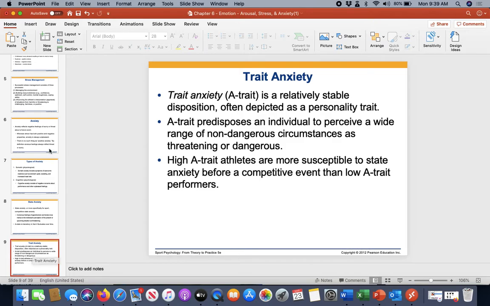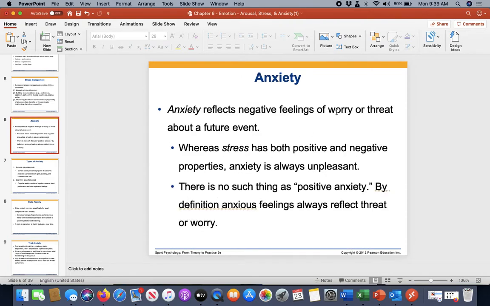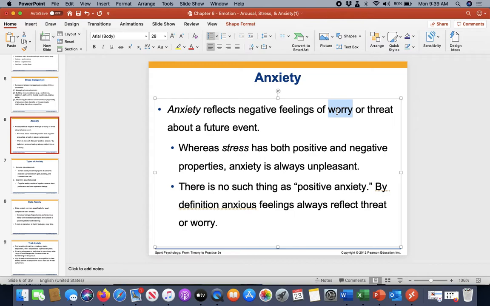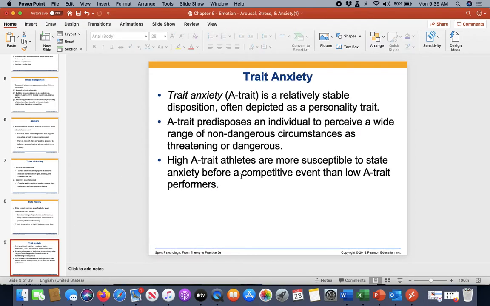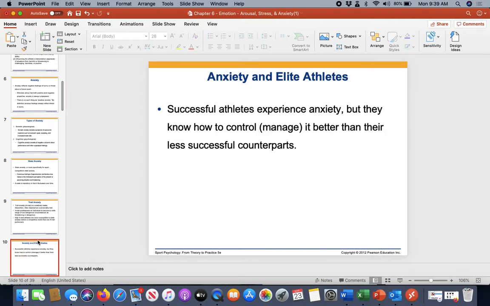Because ultimately, if you go back to the anxiety part of it, they have a worry or a threat. Okay? And that right there is the main reason why. They feel like something with them is causing them to have this threat or worry, because of how they are as a person. Okay? So we've got to be aware of that. And again, the more you get to know your exercises, the more you get to know your athletes, you can start to try to develop some sort of cues, some sort of focus points that can potentially help with this. All right?